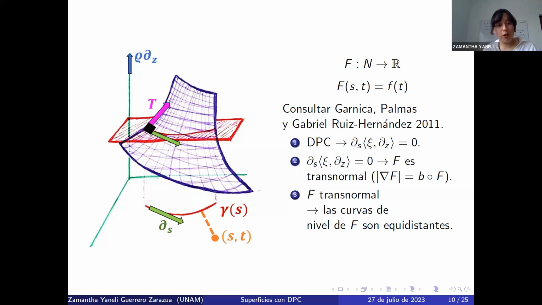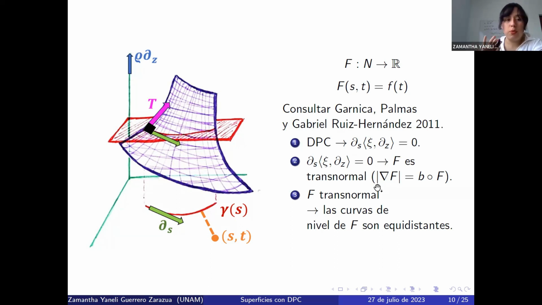Now, you might remember, this all started from constant angle surfaces. Now, we haven't found that the angle is constant in the entire surface, but it is constant over those level curves. Now that we know that it's constant along level curves, it can be shown that F is transnormal.